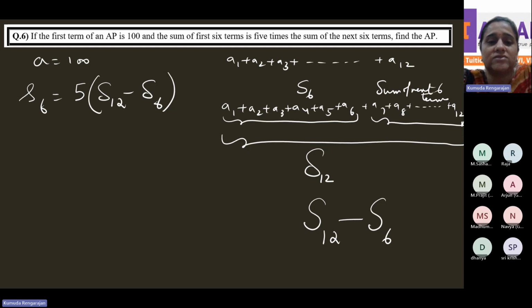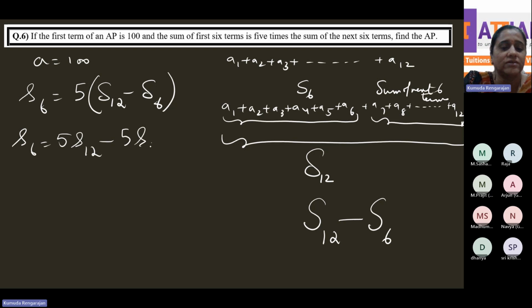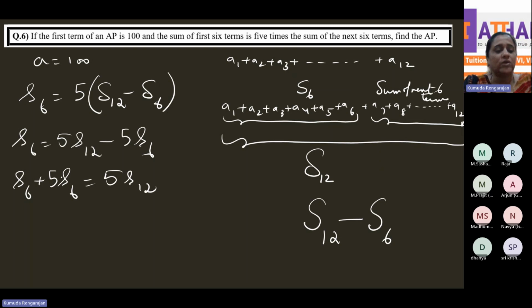So you get S6 is equal to 5 times S12 minus 5 times S6. Then you can transpose, so when you add, you get 6 times S6 is equal to 5 times S12.